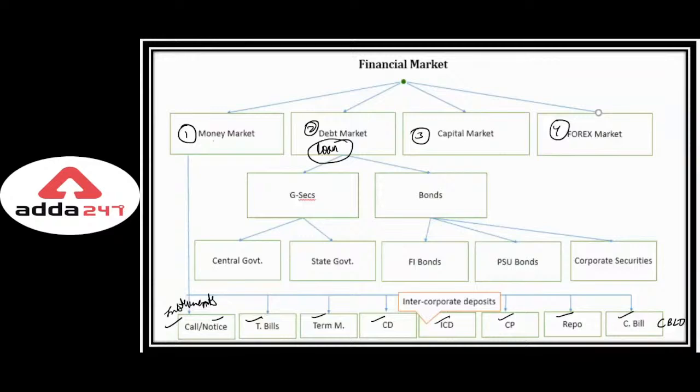But in a debt instrument or debt market, simply we are saying the company is taking a loan, or the company is issuing certain documents in which the company or the government is borrowing funds, and there is a guarantee that the principal amount you have invested will be given to you with a fixed rate of interest also.